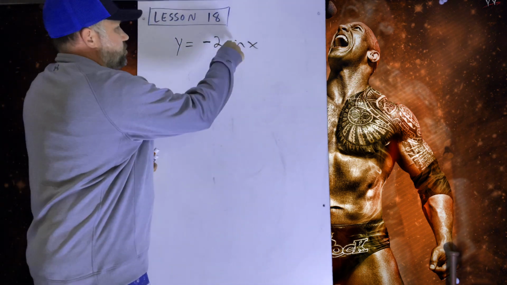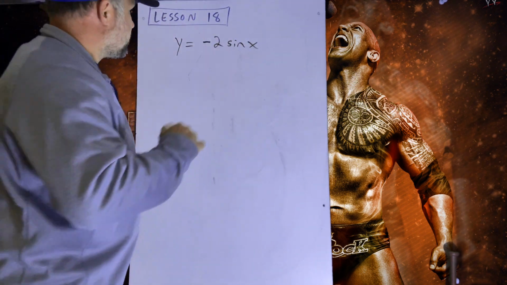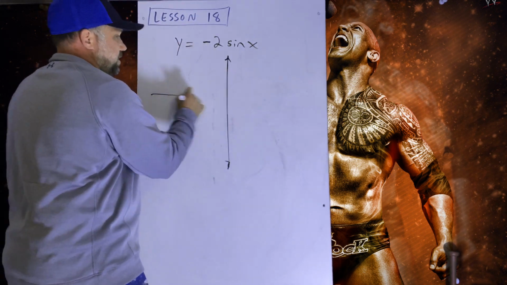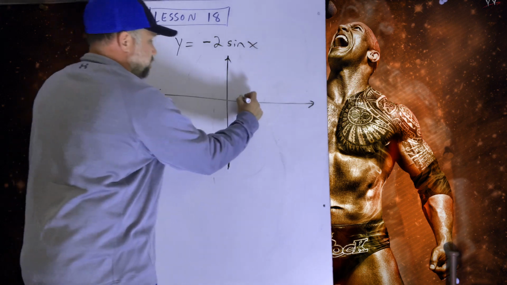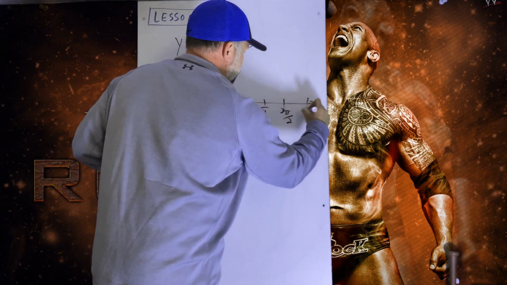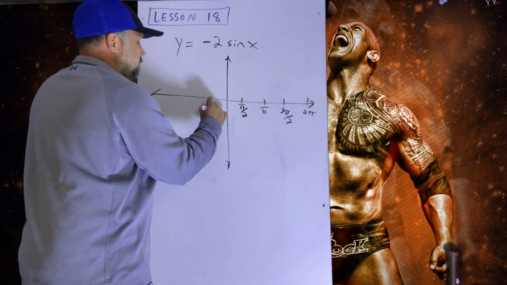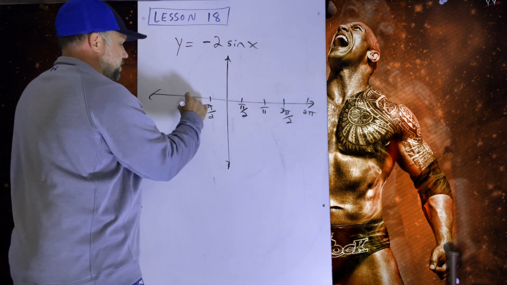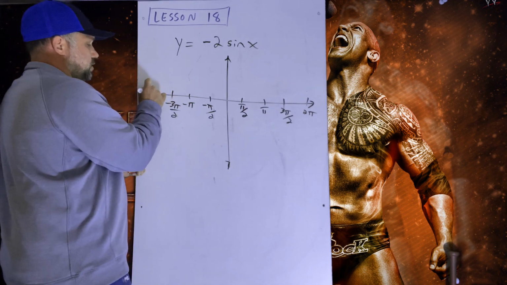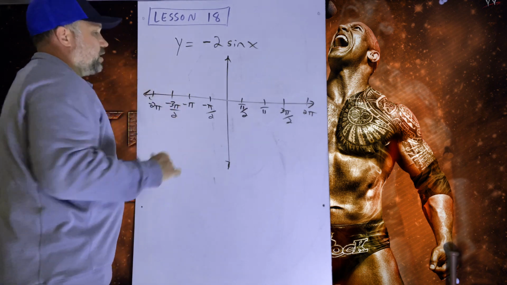So sine x, let's start with that. Let me sketch a graph of sine x first. Did that in lesson 17. Once again, we got pi over 2, pi, 3 pi over 2, 2 pi, negative pi over 2, negative pi, negative 3 pi over 2, negative 2 pi.